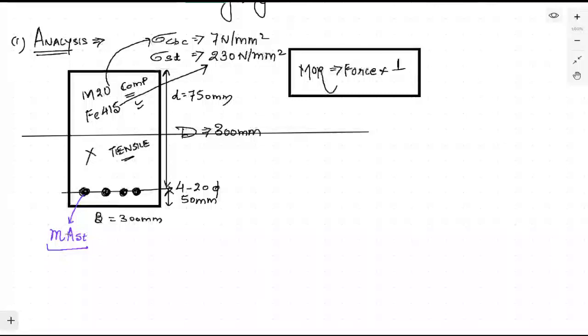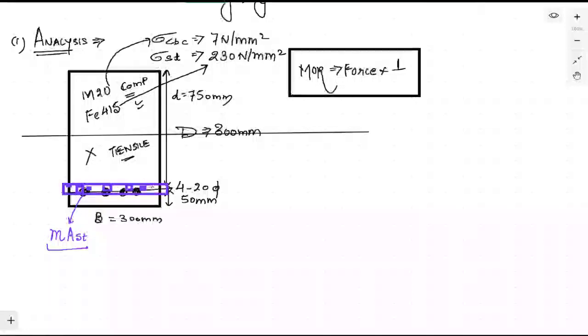So mAst is basically the equivalent concrete which is equal to the steel in front of you. In place of this steel, you put this much concrete, which has the area mAst. You put this entire mAst concrete here, and now your beam becomes homogeneous, as the beam now has only concrete throughout the structure, having this much area above the neutral axis and only this much area below the neutral axis.